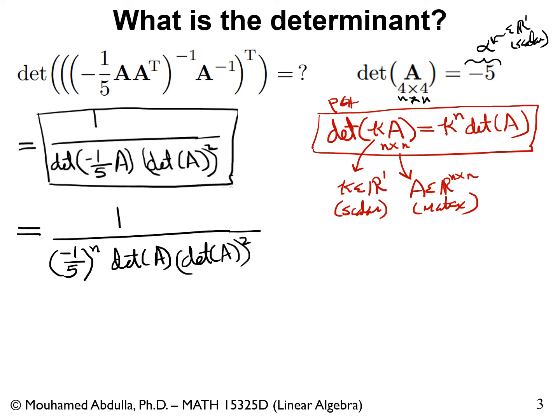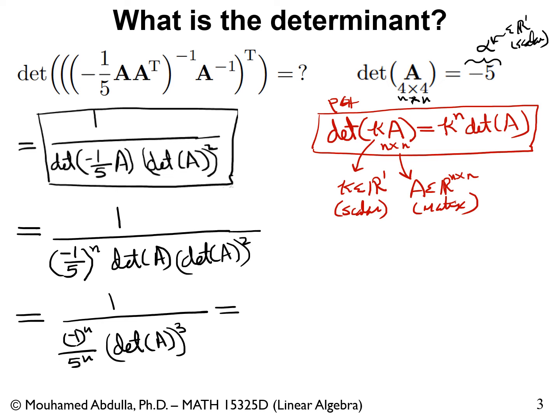So this ultimately becomes 1 over determinant of A cubed. So we could just update it like this. It's going to be minus 1 to the power n over 5 to the power n, determinant of matrix A, and everything cubed.